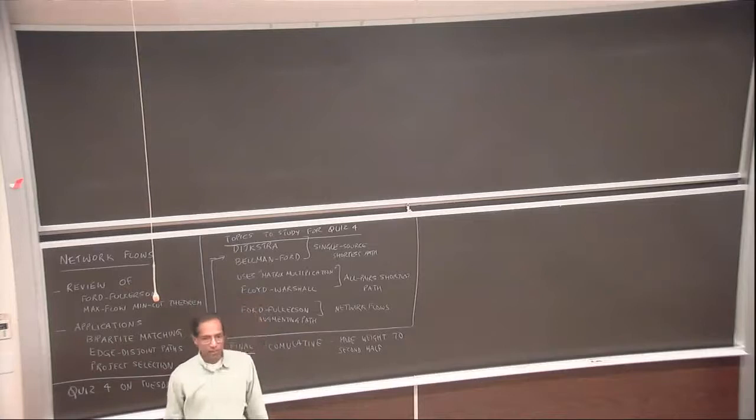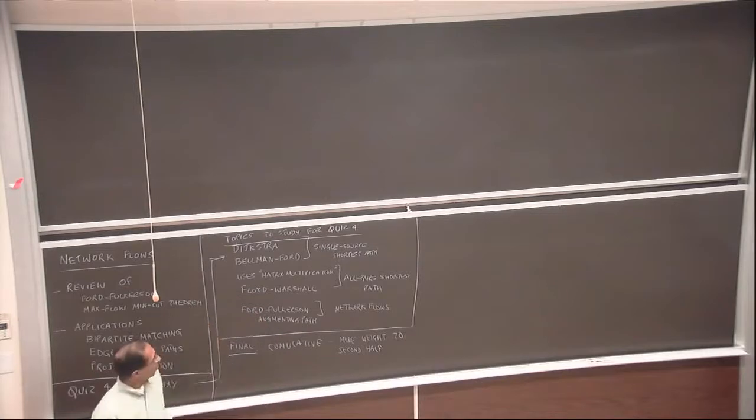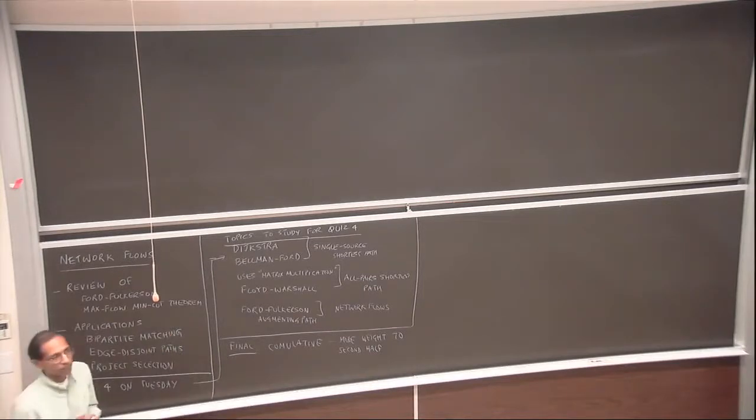So you can surely expect a problem on network flows. You can expect a problem related to dynamic programming. You can expect problems related to graph traversals, possibly greedy algorithms, and so on. Any other questions?